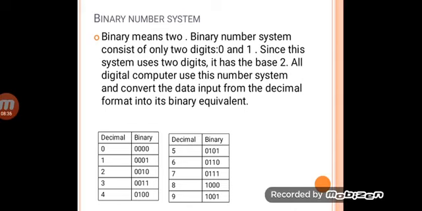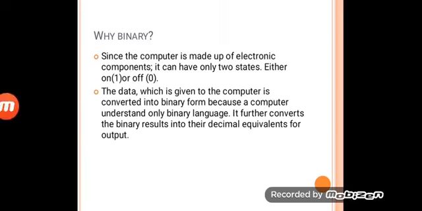A digit in a binary system is called a bit. A bit stands for binary digit. The binary language is also known as the low-level language, which your computer directly understands. See the table, in which decimal numbers and their equivalent binary numbers are given.